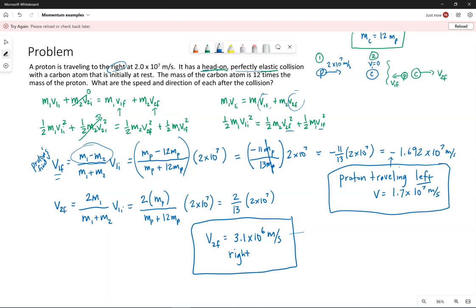So, conservation of momentum, in this case perfectly elastic, we could use those equations. Keep in mind, these equations are specific to perfectly elastic collisions. The whole problem has to be linear, so all the motion has to take place along a straight line, and the second object has to be at rest initially.